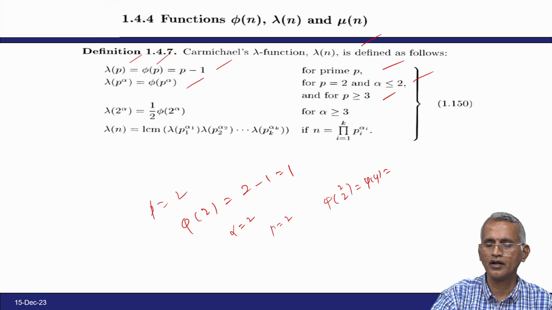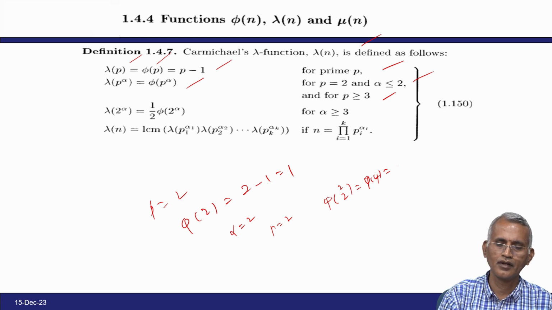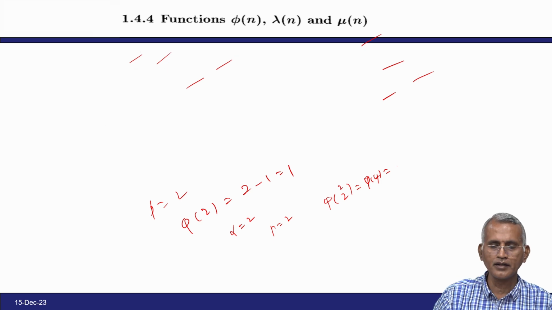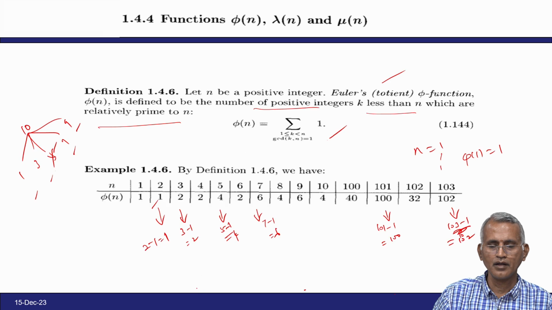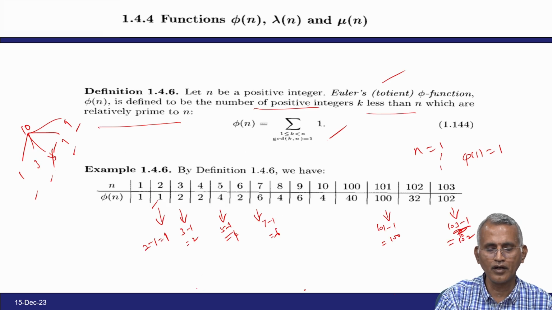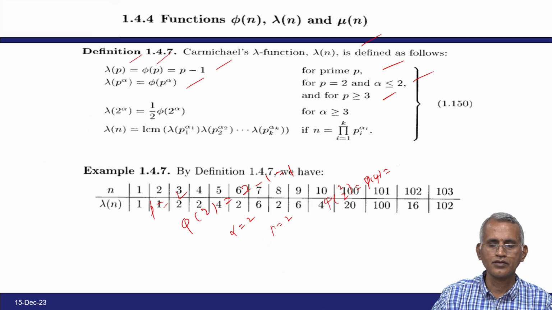The number of divisors corresponding to 4 is 2, therefore phi of 4 equal to 2 will come.